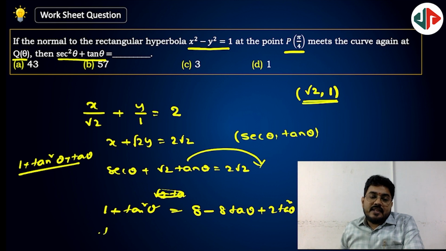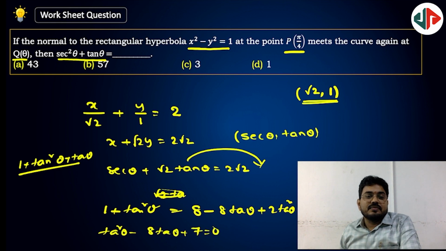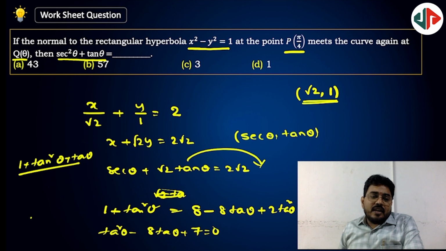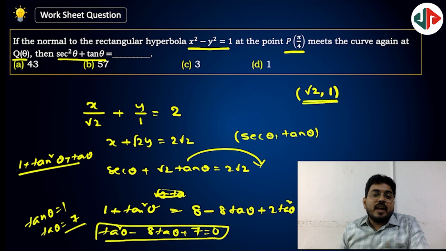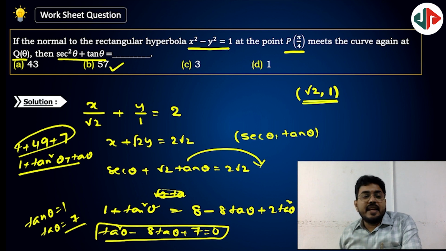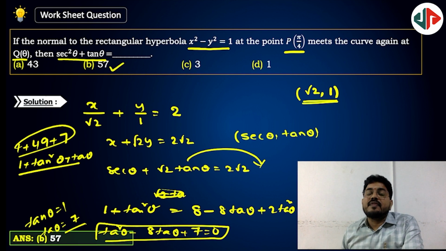So this is tan square theta minus 8 tan theta plus 7 is equal to 0. Clearly one of the values is tan theta is equal to 1, which we already got. Another tan theta value is equal to 7. These are the two roots. So what I actually need is 1 plus tan square theta plus 10. So 1 plus 49 plus 7, so the answer is equal to 57.